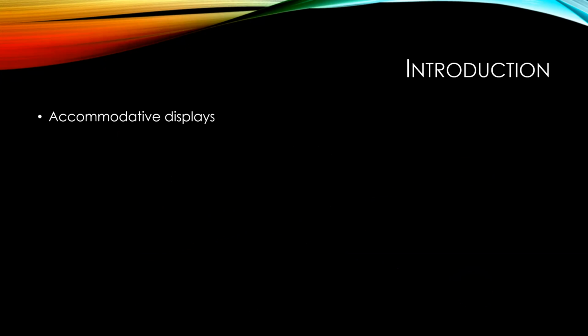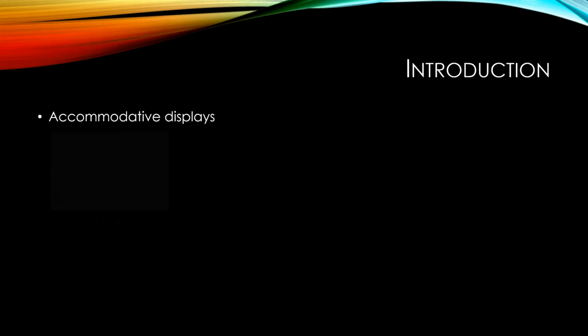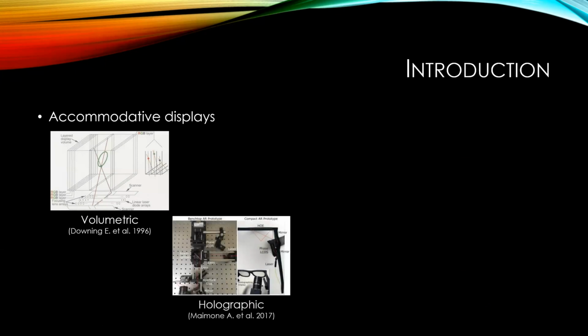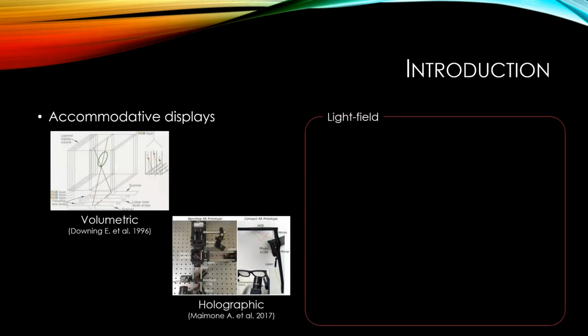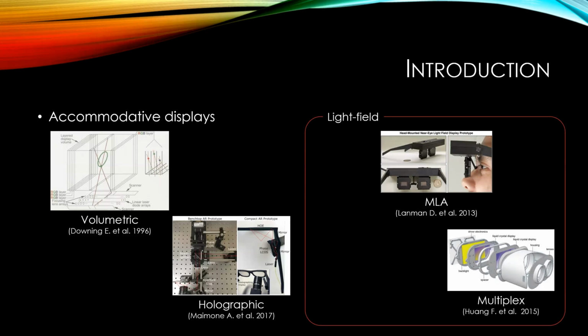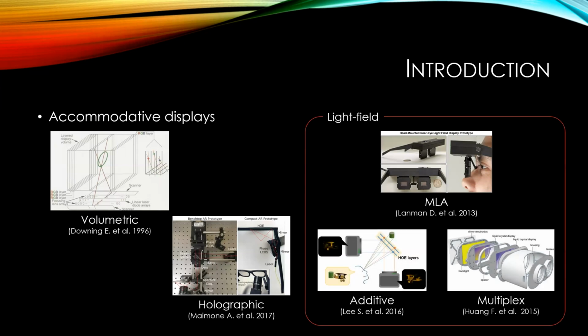To solve this problem, many kinds of displays were proposed in the last several decades, such as volumetric displays, holographic displays, and light field displays. Light field displays aim at reconstructing a target light field to give the viewer a correct focus cue. According to the reconstructing principle, light field displays can be further classified into micro-lens array, multiplex, and additive light field displays.